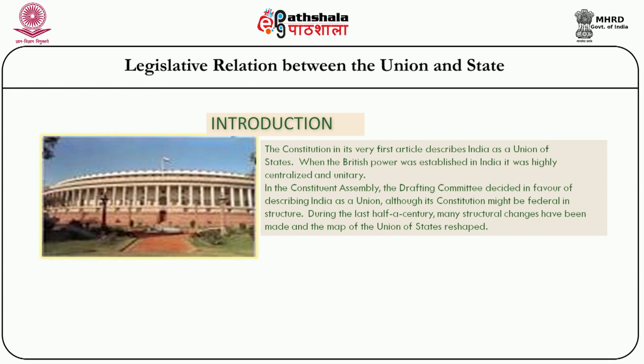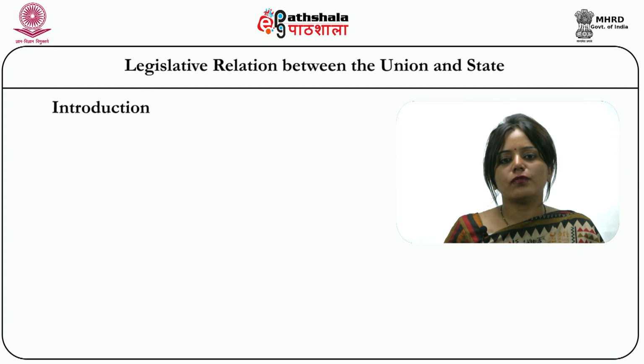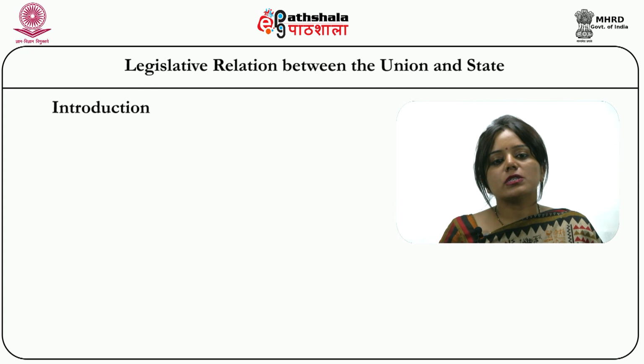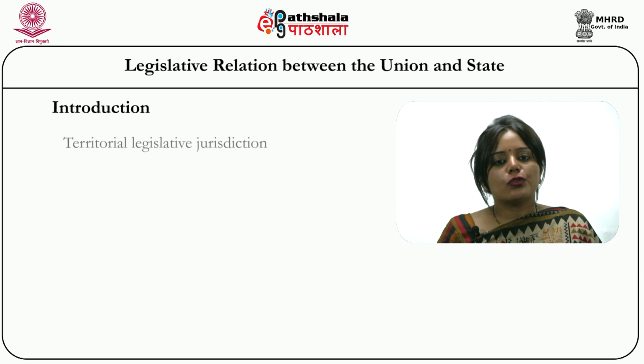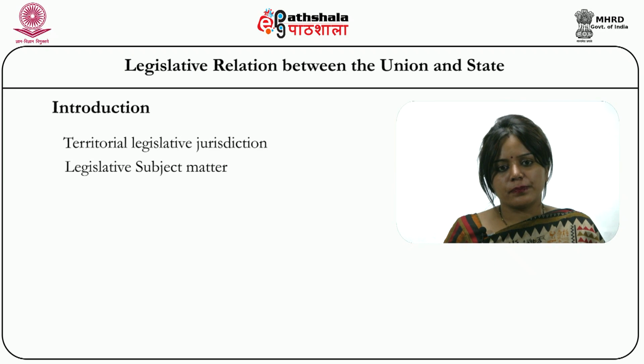During the last half century, many structural changes have been made and the map of the Union of States has been reshaped. So students, here I will discuss the distribution of legislative power, which is based on territorial and legislative subject matter.